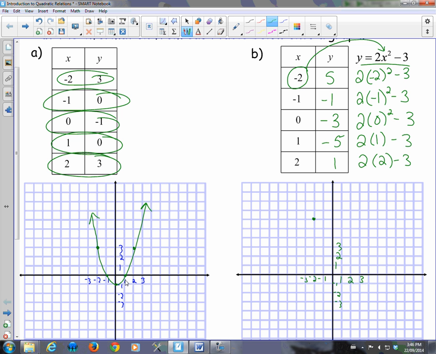And I have -1, -1, 0, -3, 1, and -5, and 2, and 1. So I'll join up my points and get something that looks like that.